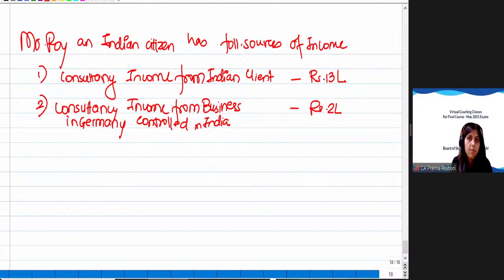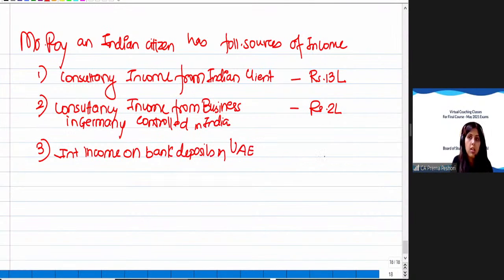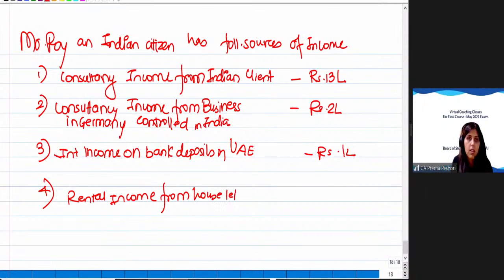Interest income on bank deposits in UAE, rupees 1 lakh. Rental income from a house let out in New York, rupees 5 lakh.